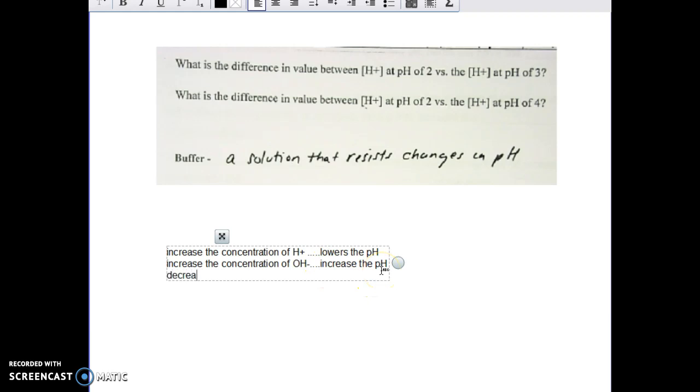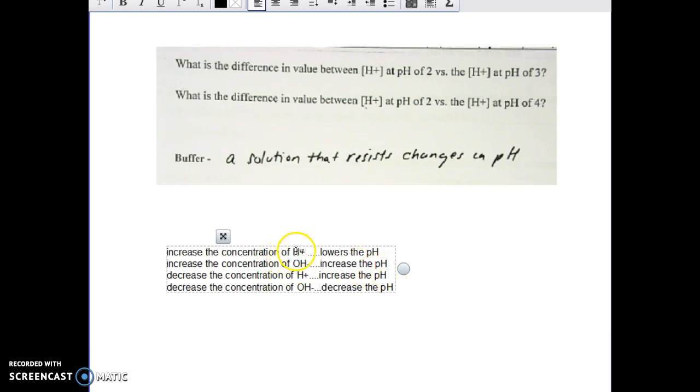If you decrease the concentration of hydrogen ions, what are you going to do? Think about that. You will increase the pH, and if you decrease the concentration of OH, you decrease the pH.